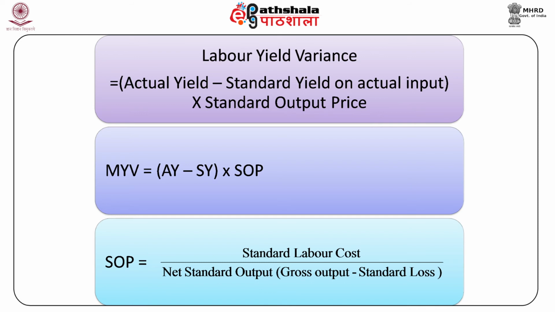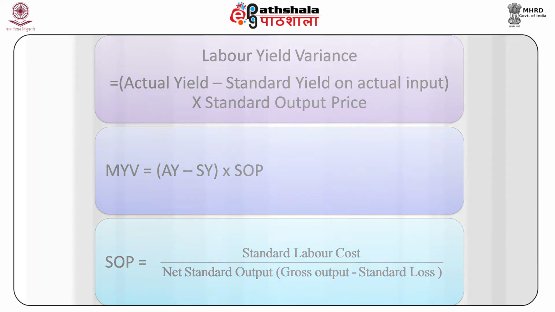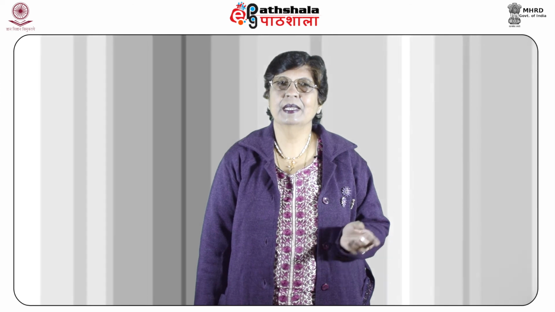In short, LYV will be equal to AY minus SY into SOP, where the standard output price is the standard labor cost per unit of output, or standard labor cost upon net standard output, that is gross output minus standard loss, will be equal to SOP. LYV is favorable when the actual yield is more than standard yield and vice versa.